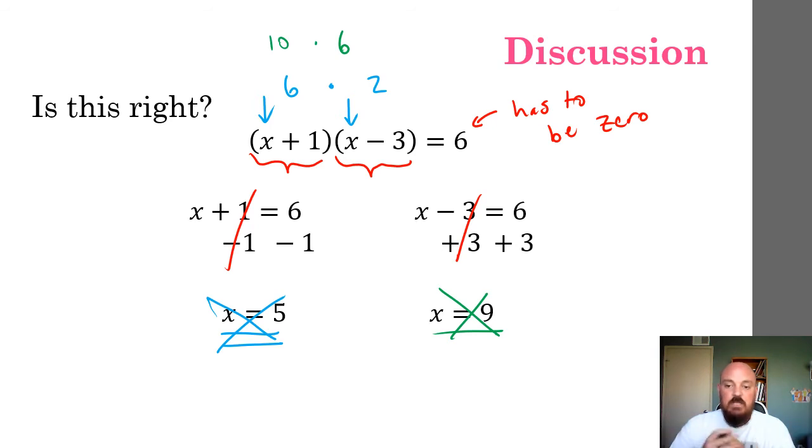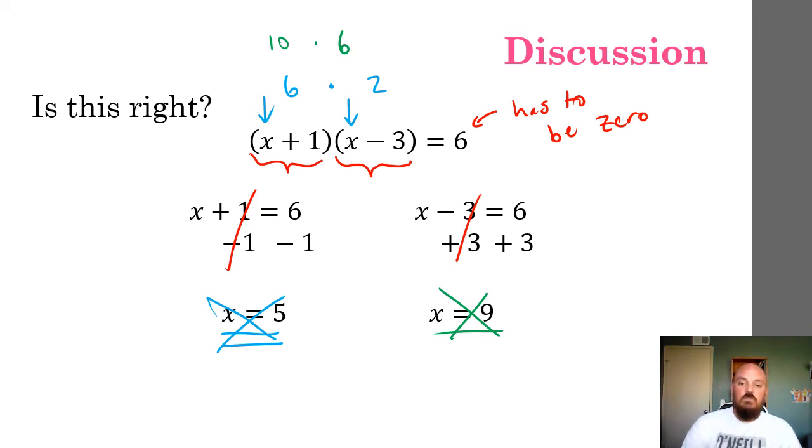It doesn't work for any other number. If I say I'm multiplying two numbers and it's equal to 6, we don't know what those two numbers are. It might be 1 times 6, or it might be 2 times 3, or it might be 12 times 1/2. You know, there's an infinite number of possibilities if you start including fractions. So we have no idea what those numbers are.